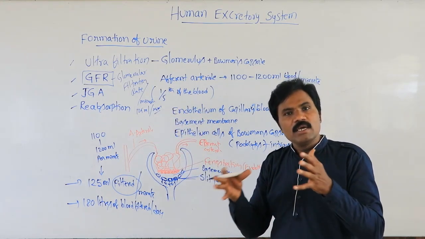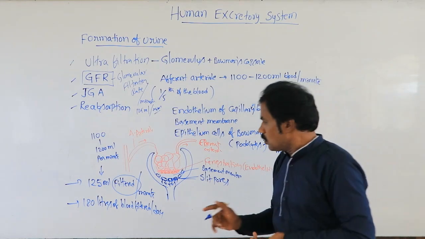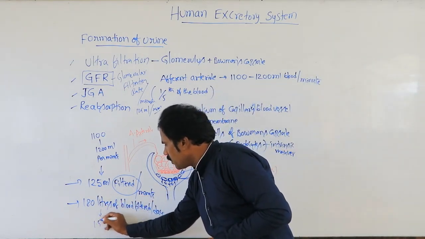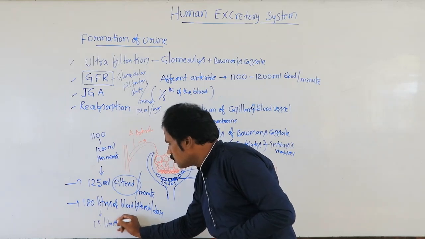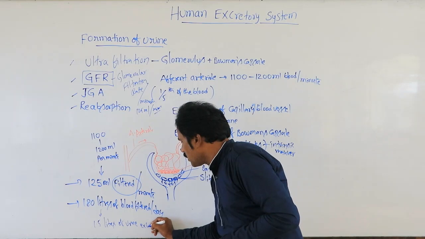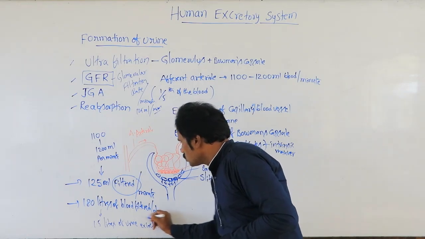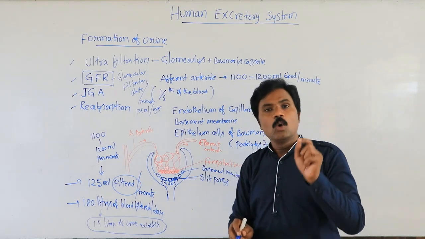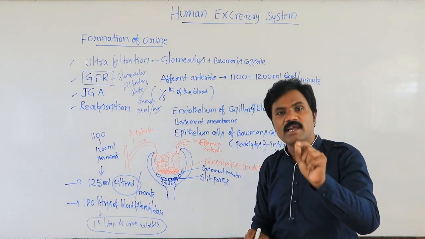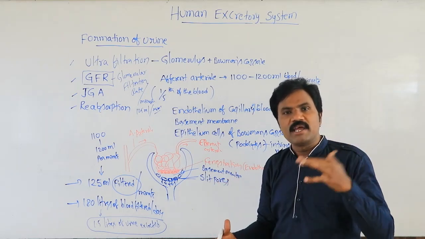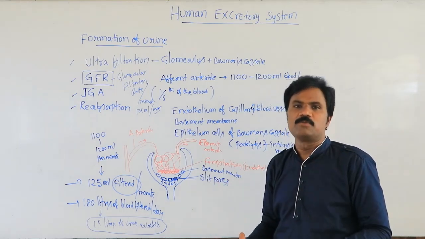So among 180 liters, only 1.5 liters of urine is excreted. That means 178.5 liters, 99% of the blood, is reabsorbed.